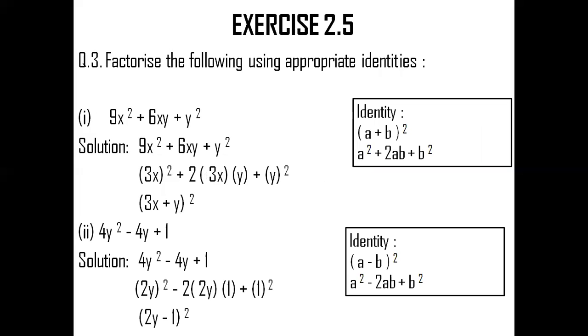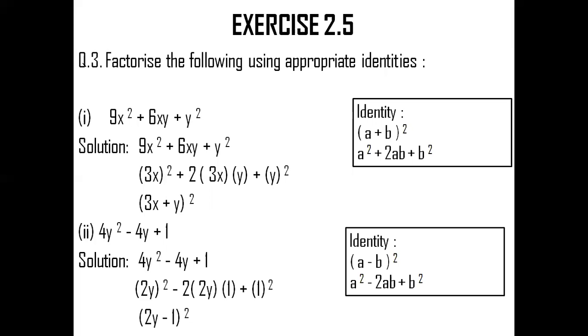Question number 3 of exercise 2.5 asks us to factorize the following using appropriate identities. Now, the first question, if you could observe, says 9x squared plus 6xy plus y squared. If you must have paid attention in the previous sessions, you would realize that I had said something of this sort: that bacha, whenever we have three terms, let's go for middle term splitting.